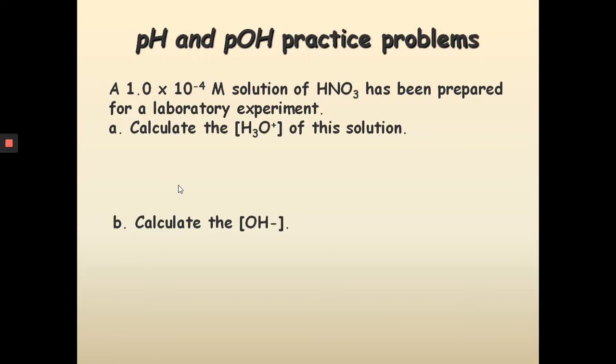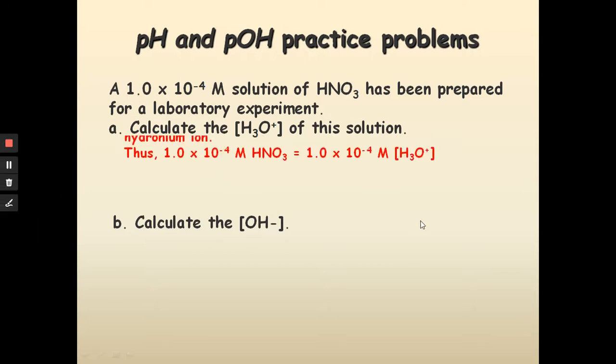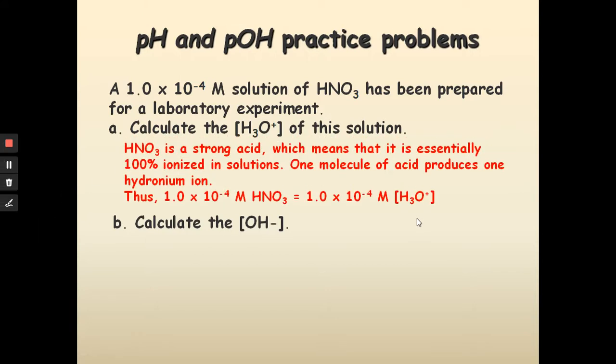Okay, well, you have to first realize that HNO3 is going to be a strong acid. Okay, and a strong acid means that it is essentially 100% ionized in solution. So every time you have 1 mole of HNO3, it's going to completely break down or dissociate into hydrogen and NO3.